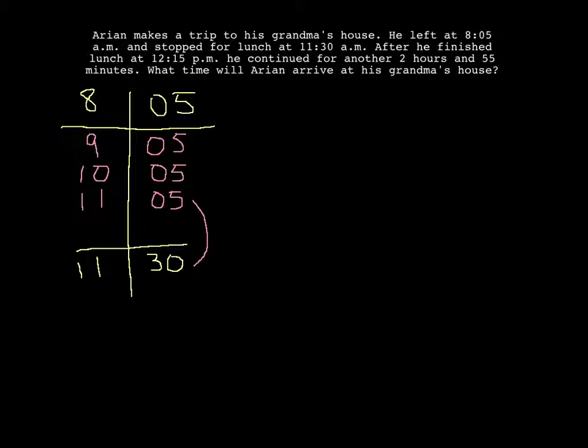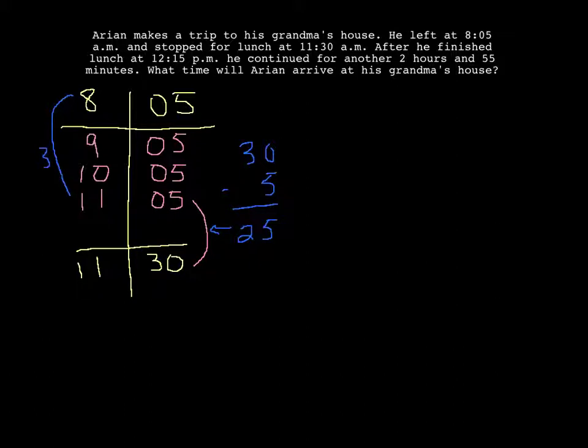So I need to figure out right now how many minutes are going to be from 11:05 to 11:30. Well, on this problem, you can do 30 and take away 5 minutes from 30, and that's going to give me 25 minutes. So there'll be 25 minutes right here, and over here you'll see 1, 2, 3 hours.